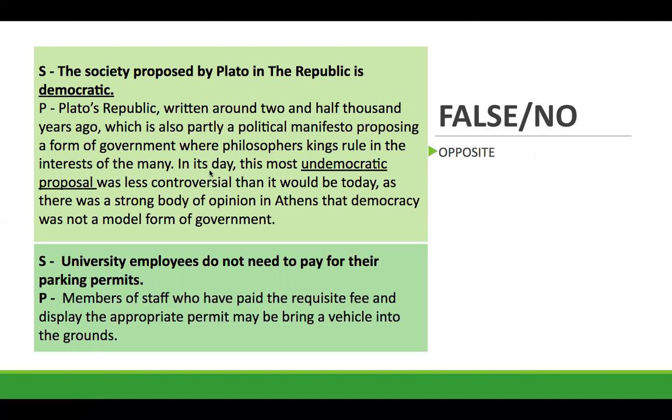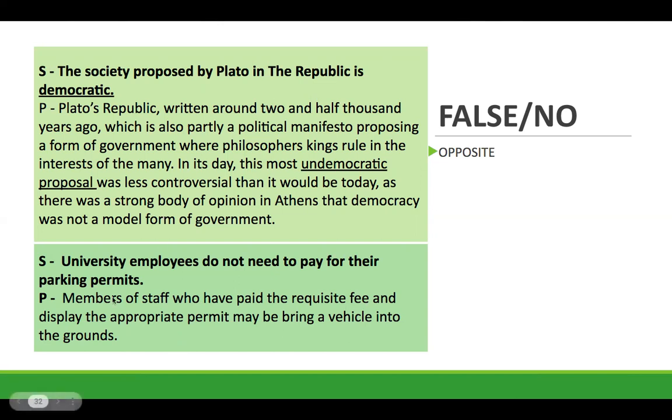Upon reading the passage you found information saying that Plato's Republic, written around 2,500 years ago, which is also partly a political manifesto proposing a form of government where philosopher kings rule in the interest of the many, in its day, this most undemocratic proposal. Democratic versus undemocratic. They are opposing each other. It's a false. They're contradicting each other. One says democratic, the other one says undemocratic.